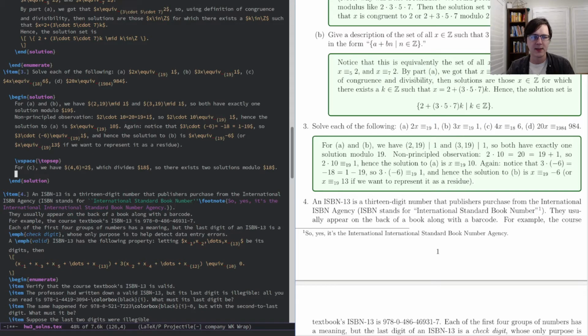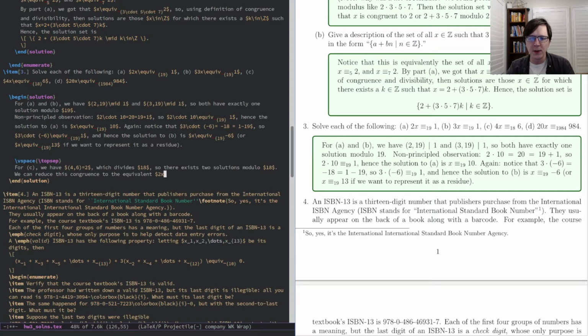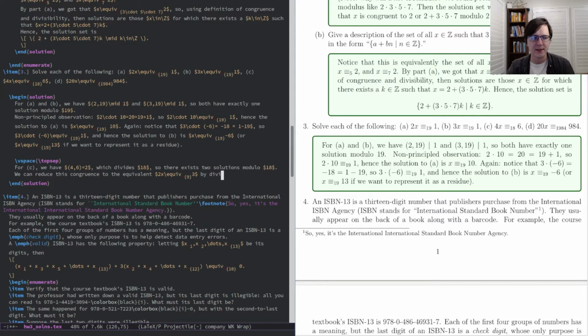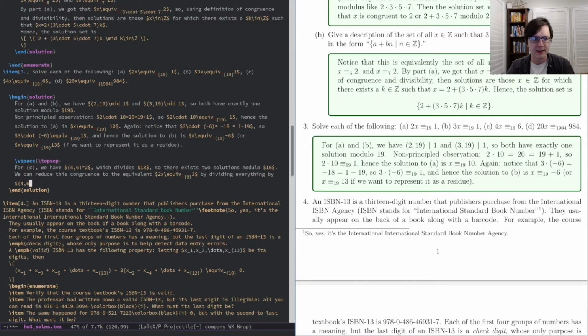So we can reduce this congruence to the equivalent 2x congruent mod 9 to 6 by dividing everything by the GCD.